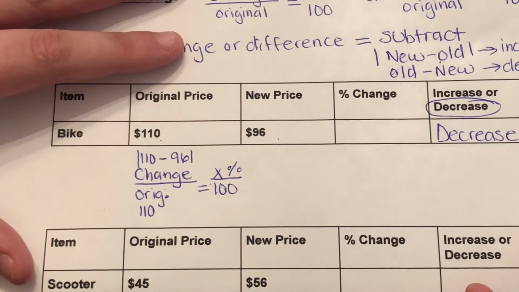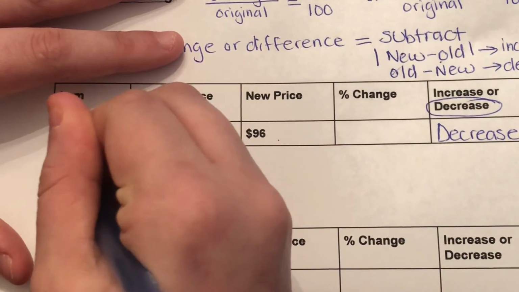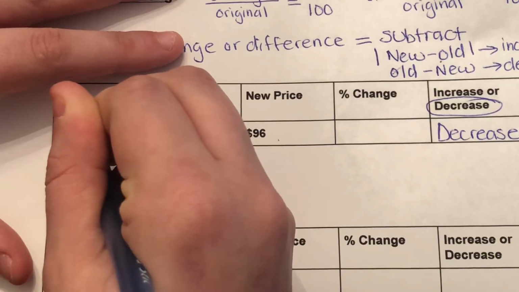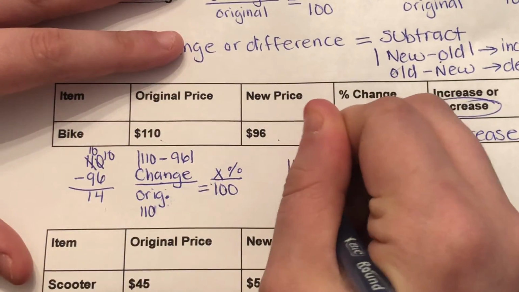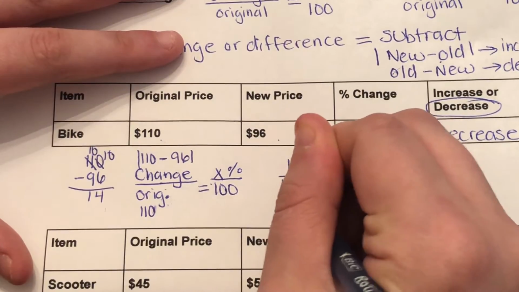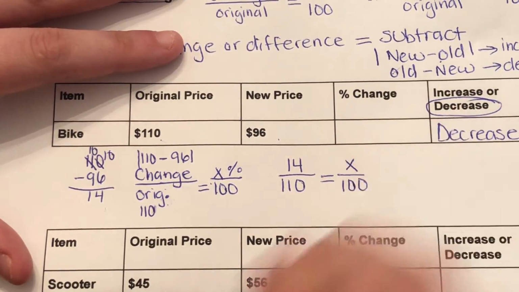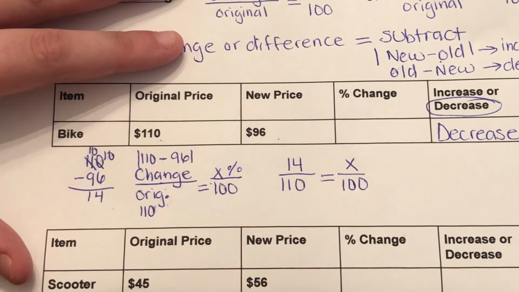So I subtract 110 minus 96, and I get 14. So 14 is my change over my original, which is 110, equals X out of 100.